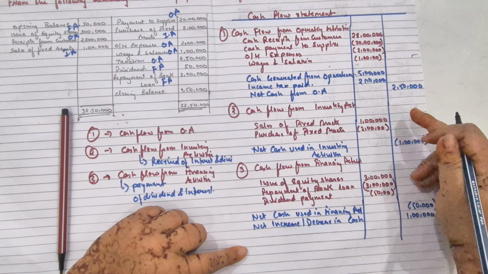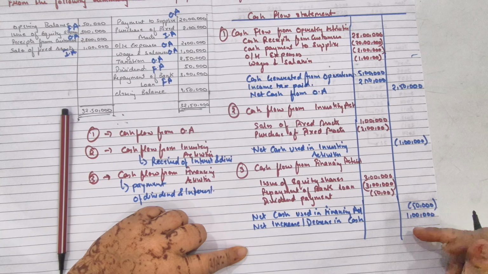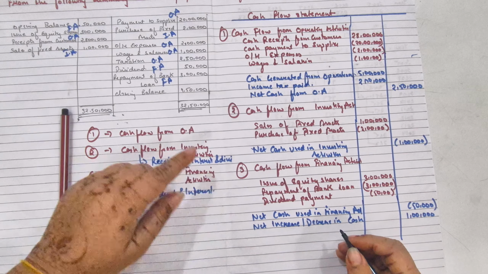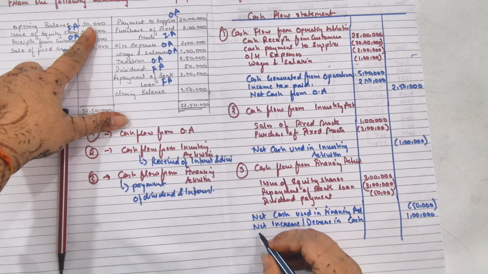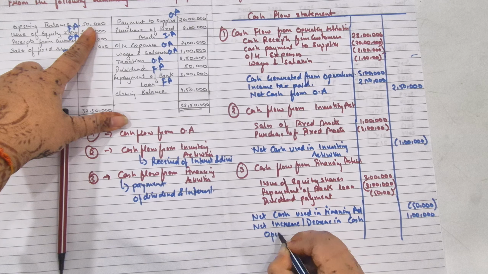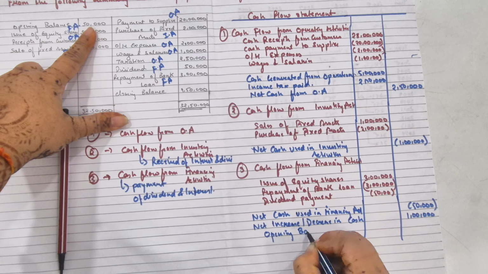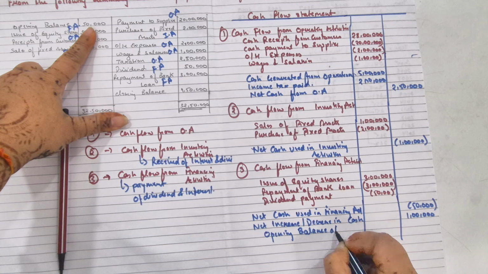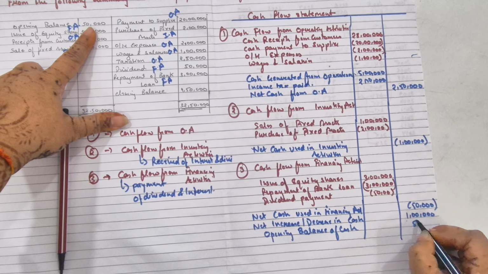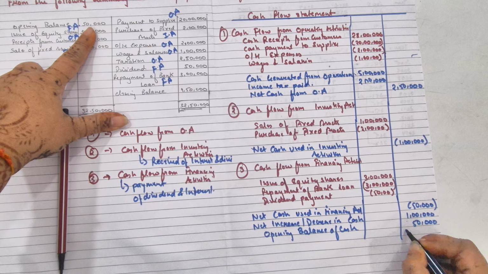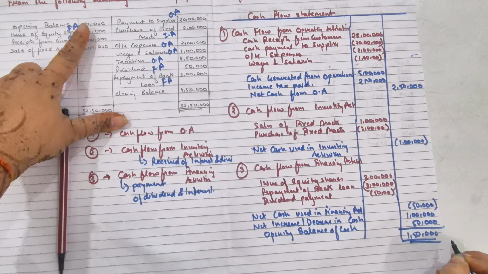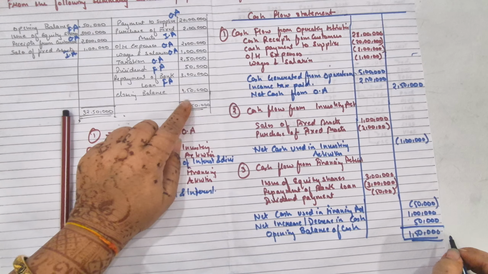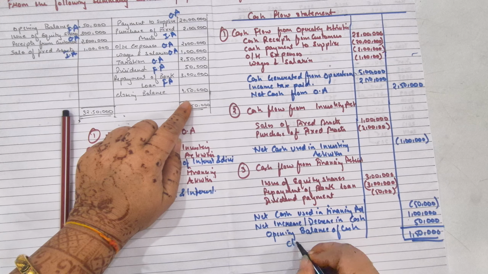Fine. 2,50,000 minus 1 lakh and minus 50,000. And we have an opening balance of cash of 50,000, student. When we add this, we get 1,50,000, student, and this is our closing balance.